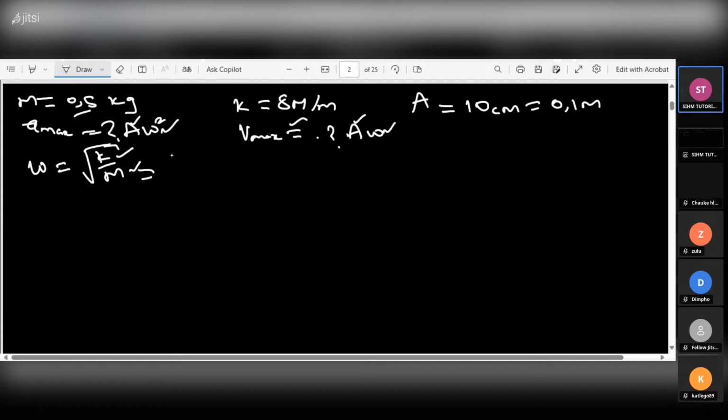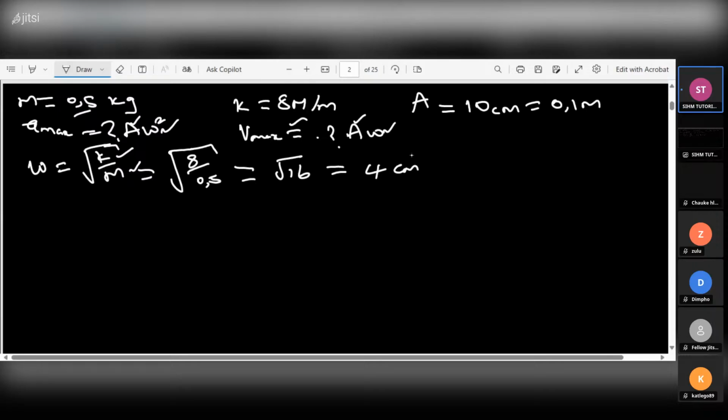So k, which is 8, divided by 0.5. Here you're going to get 16, and the root of 16 is 4.